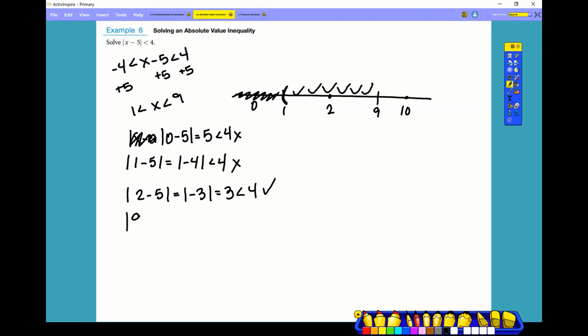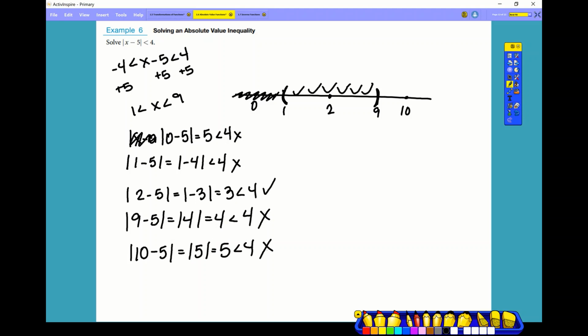And now we're going to test 9. 9 minus 5 is equal to 4. Is that less than 4? No, it's not. We're not going to include 9. What about 10? It's not. So we're good. So it's going to be 1, 9.